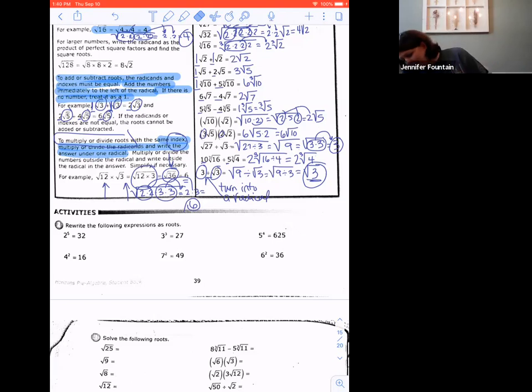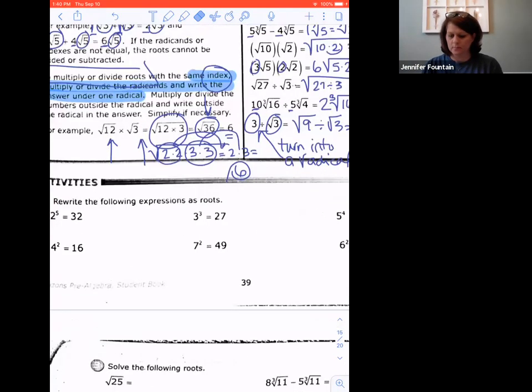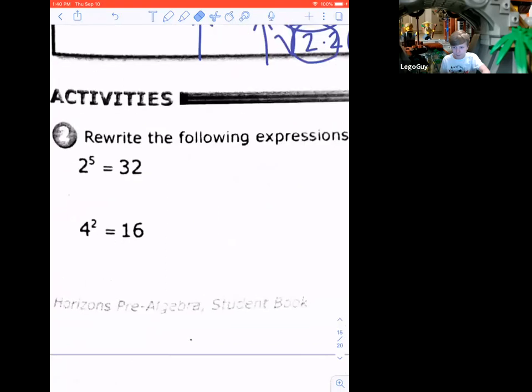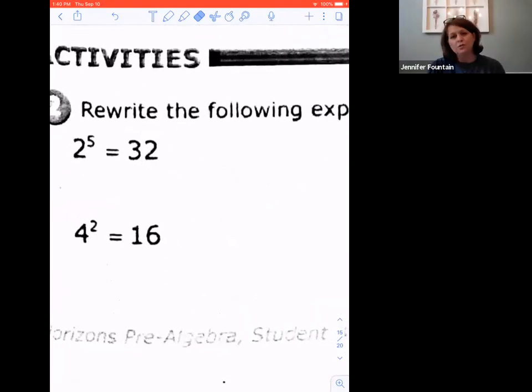All righty. We will go ahead and take a look at those where you rewrote the following expressions as roots. The first one was 2 to the 5th power equals 32.